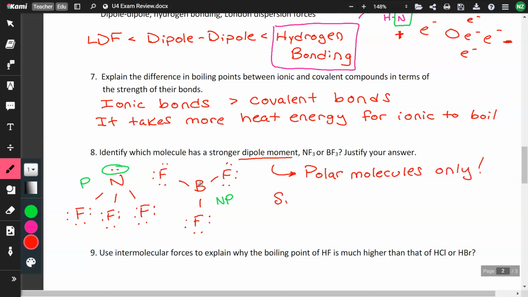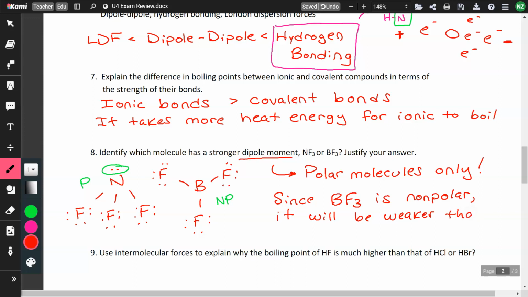So since boron trifluoride is nonpolar, it will be weaker than nitrogen trifluoride. Okay.